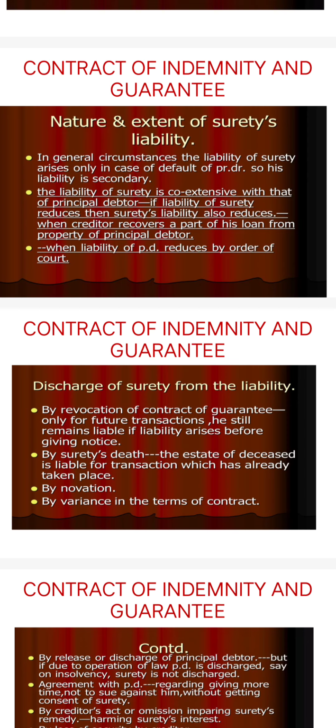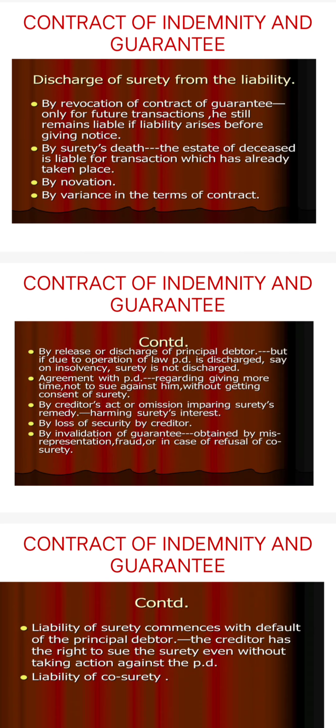If liability of principal debtor reduces, then surety's liability also reduces. When creditor recovers a part of his loan from property of principal debtor, or when liability of principal debtor reduces by order of court. These are all the extent of surety's liability.